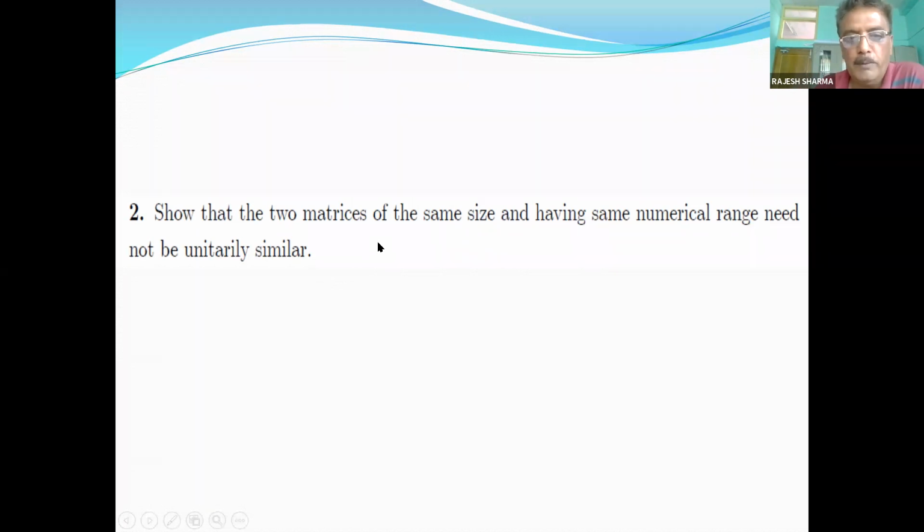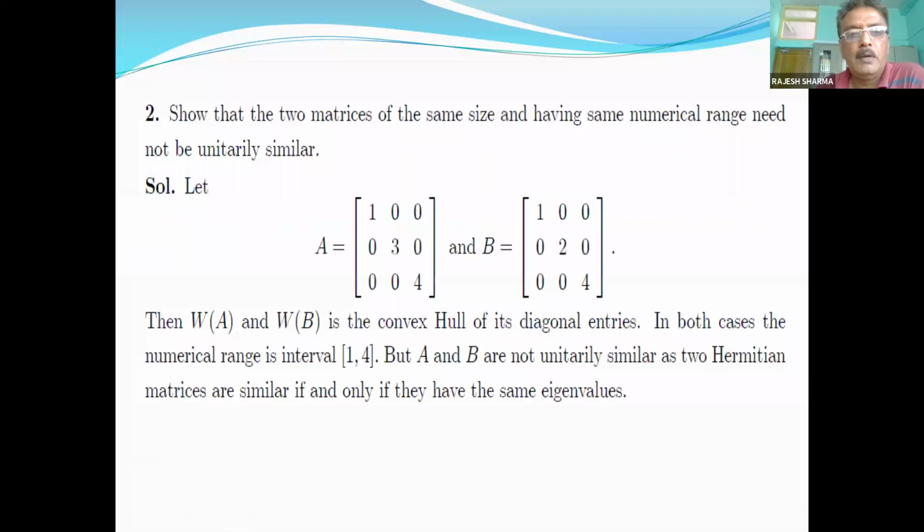Anybody want to comment? Yeah, this is simple. Take these two diagonal matrices. A has diagonal entries 1, 3, 4, and here the diagonal entries are 1, 2, 4.